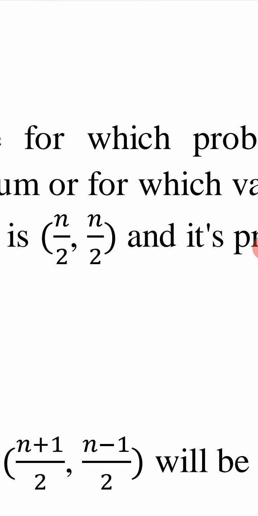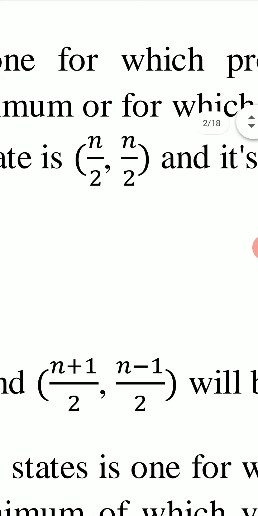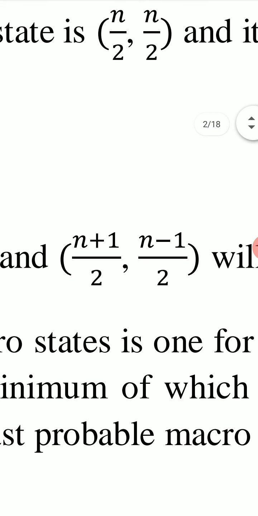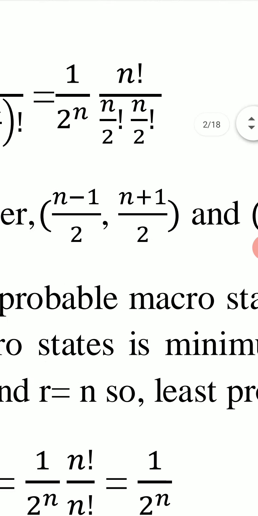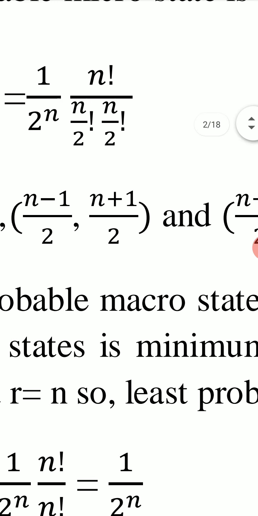We can divide equally in two boxes. And when n is odd, we cannot divide equally in two boxes. Then the most probable state will be (n plus 1 by 2, n minus 1 by 2) or (n minus 1 by 2, n plus 1 by 2).